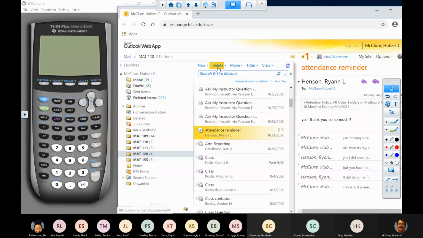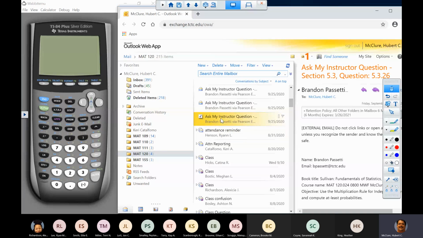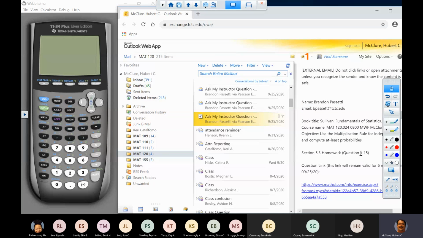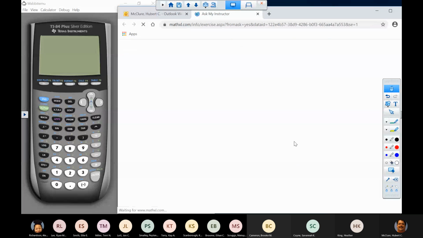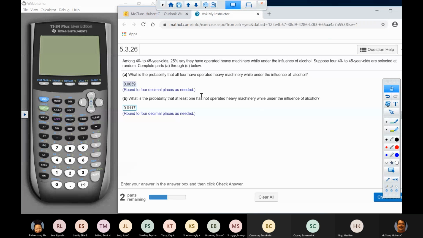Next one. 5.3, 26/15. Among 40 to 45-year-olds, 25 say they've operated machinery when drunk.